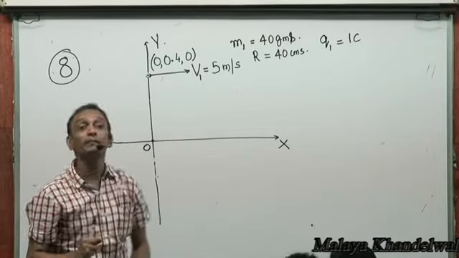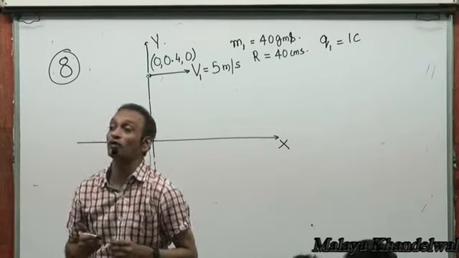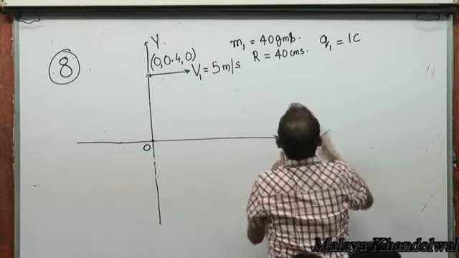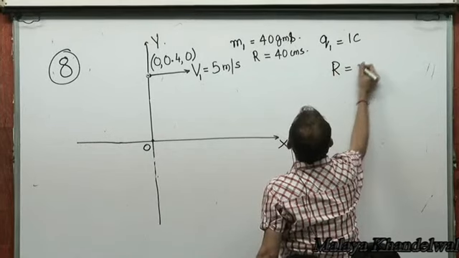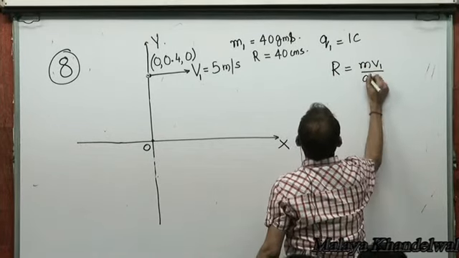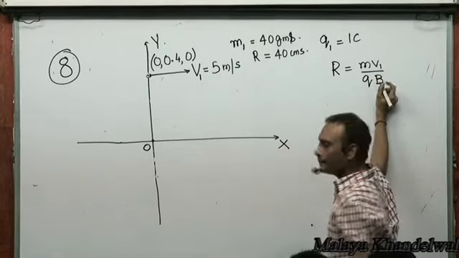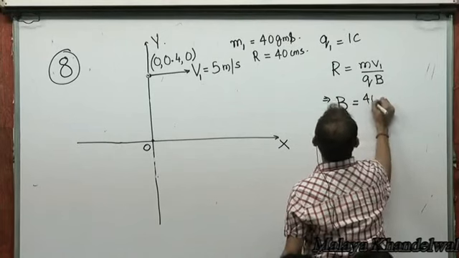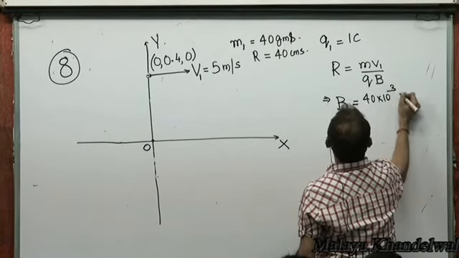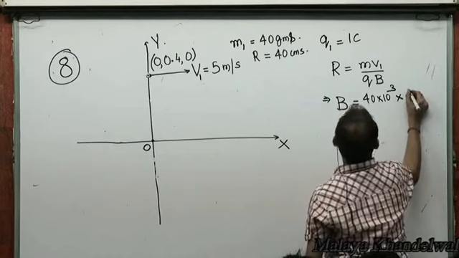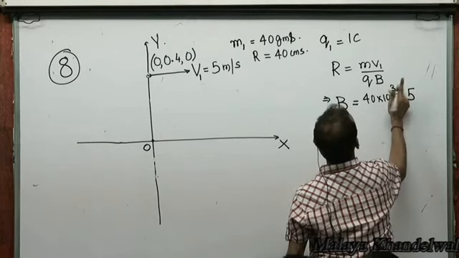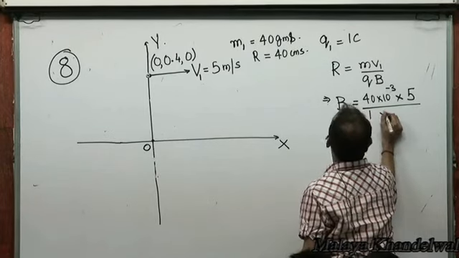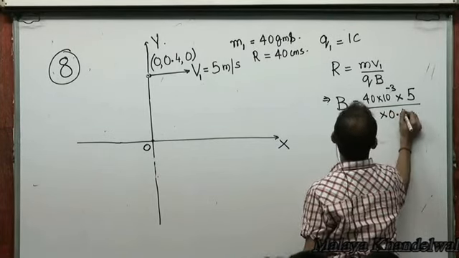Let's first of all calculate the magnitude. So we now know the direction of B. Let's calculate the magnitude of B. Given the radius of the circular trajectory, r is m v1 by qB, which will give us an opportunity to calculate B. B then turns out to be m, which is 40 into 10 to the power minus 3, into v1, which is 5 meters per second, divided by q, which is 1 coulomb, into r, which is 0.4 meters.